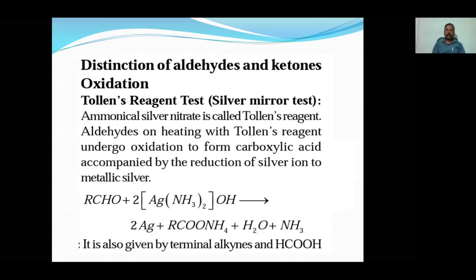Next, distinction between aldehyde and ketone, very important for the board exam people. Aldehyde and ketone have the same molecular formula, but their structure is different. So to identify them, oxidation tests are used. The first one is called Tollen's reagent. What is Tollen's reagent? Ammoniacal silver nitrate.